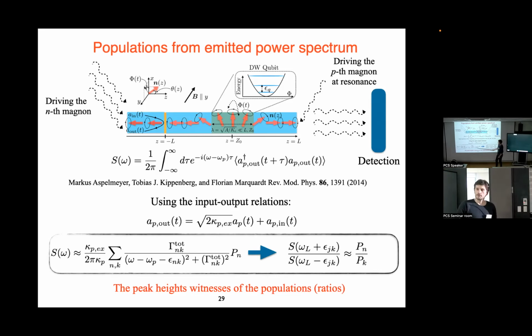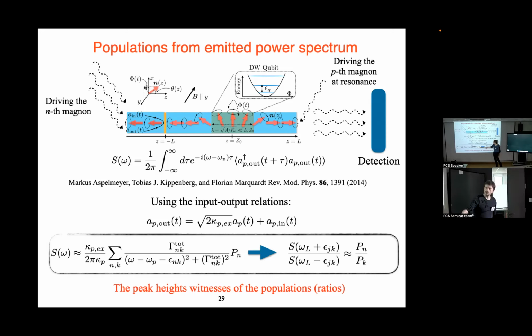So what you want to end up with is that S of omega looks like this around omega P. There is a huge peak at omega P, because the magnons are emitted at omega P also, but there are also side peaks at omega equal omega P plus these guys. These total rates, I'm not going to go into details, are related to the Gilbert damping plus this extra induced magnon damping.